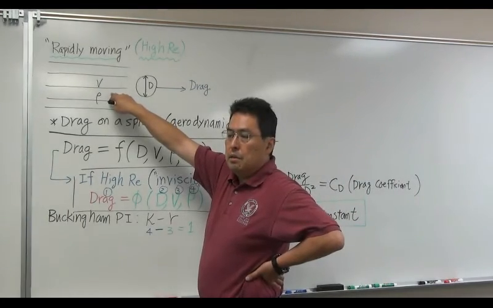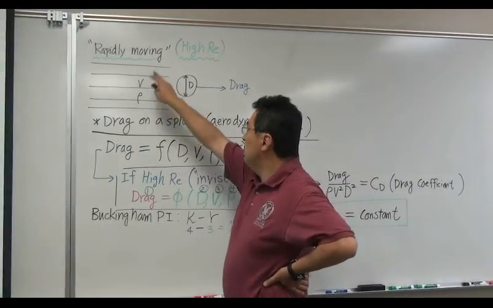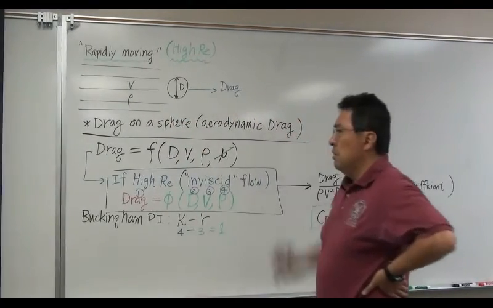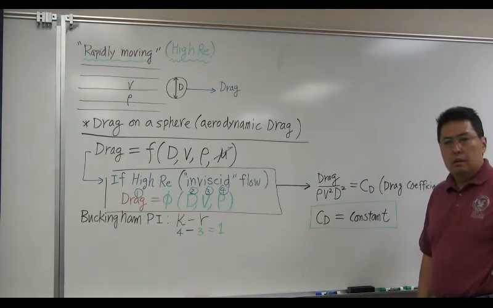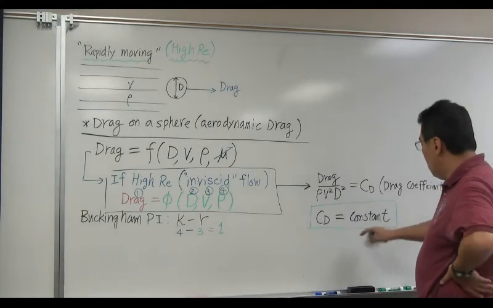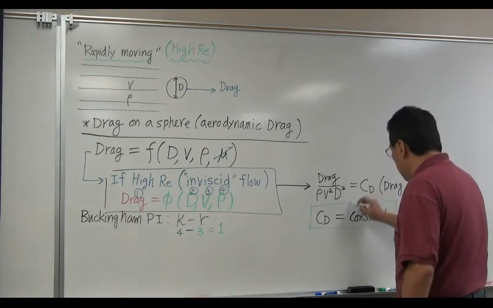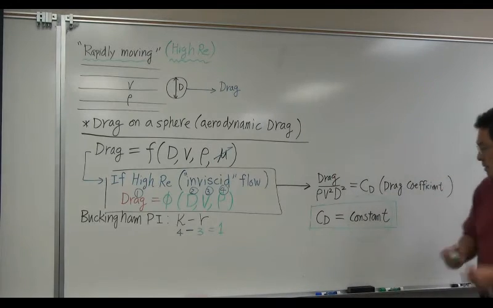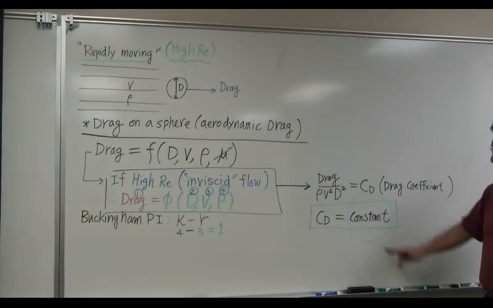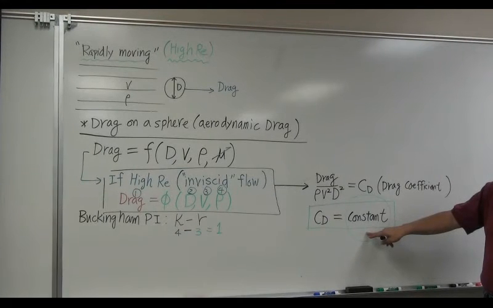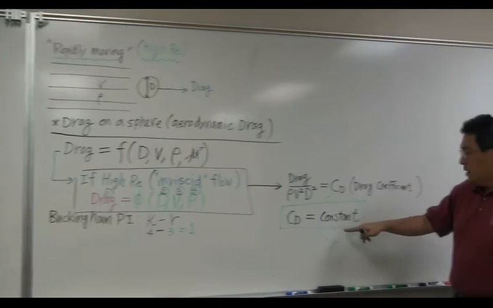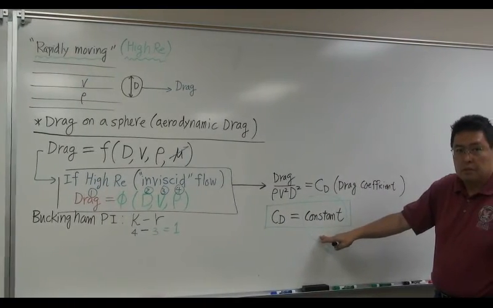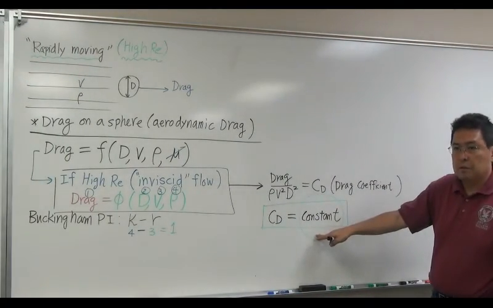Then you realize, wait a minute, over the range of velocity, density and drag you measured, if you determine drag coefficient out of those data, it's all constant. So if you run the experiment, you are going to determine this constant. If you want to move on to experimental testing, your purpose is to determine this constant. In other words, you need to determine CD, the drag coefficient of this flow.